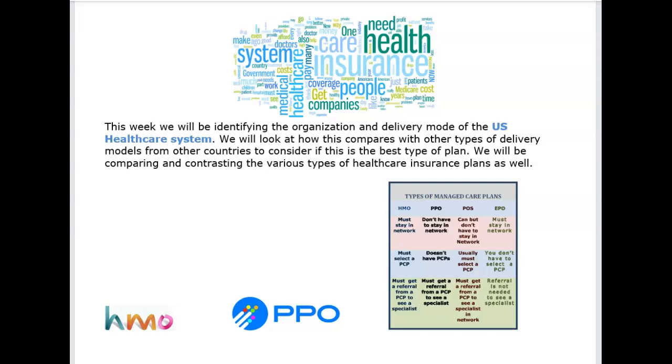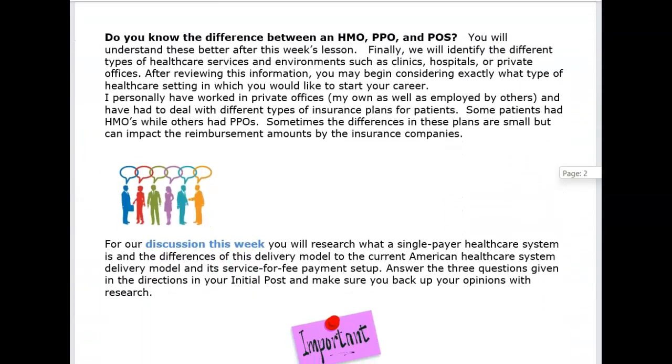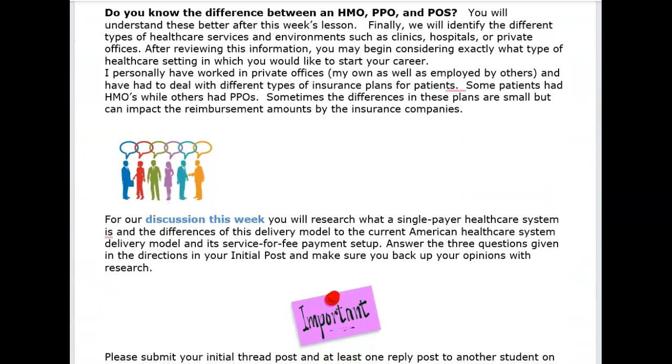So we're looking at things like those HMOs and PPOs, the POS, and maybe some of you are already familiar with some of those, and if you're not, then you will surely learn a lot more about those this week. All right, do you know the differences between an HMO, a PPO, or a POS? Of course, after you read through this week's material, you will figure out what those differences are.